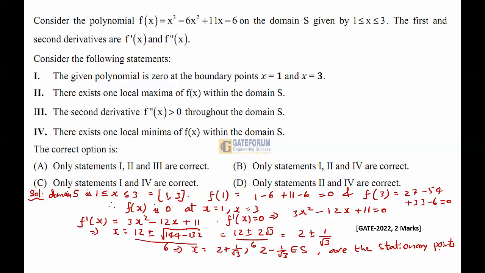Okay, at each stationary point, find the second derivative. If the second derivative is greater than 0, local minima. If the second derivative is less than 0, local maxima. Now the second derivative, f double dash x, is 6x minus 12.